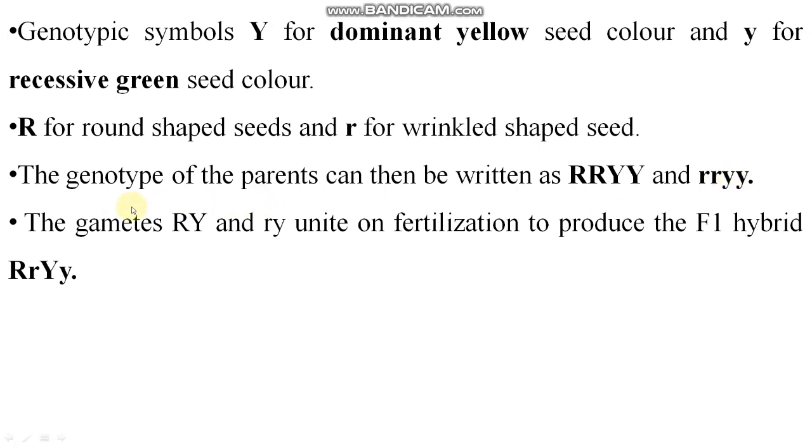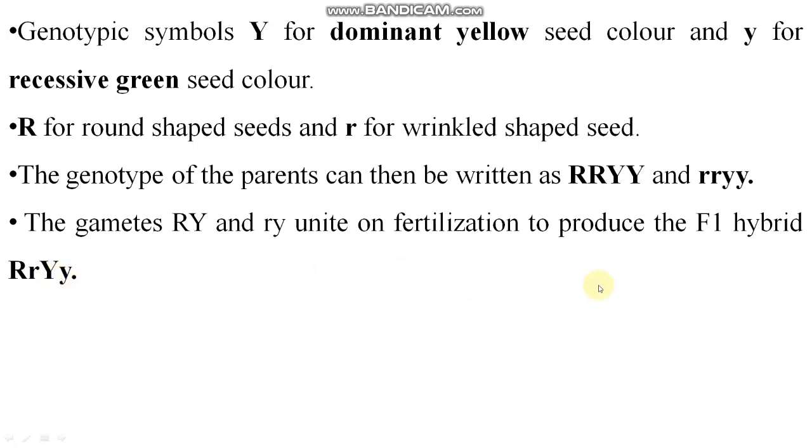Clear? So the gametes will be capital R capital Y and small r small y. They will unite together on fertilization and the F1 generation or F1 hybrid will form, which has the genotype capital R small r, capital Y small y.